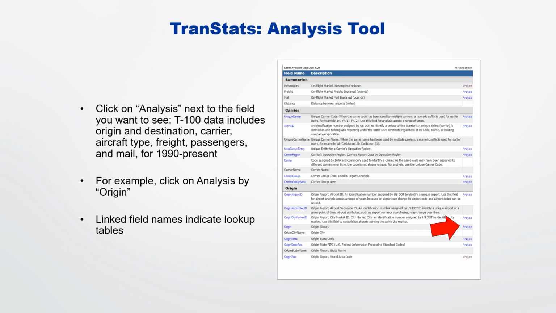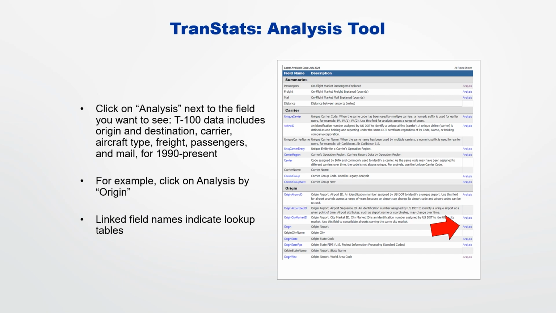To use the Analysis tool, once you click on the name of the file, you click Analysis next to the field you want. The T100 data includes information about origin and destination of a flight, the carrier, service class, and aircraft type. The last one's for T100 segment data only, for 1990 to the present. Up at the top, under Summaries, are the variables that you can count. In this case, it's passengers, freight, mail, and distance.